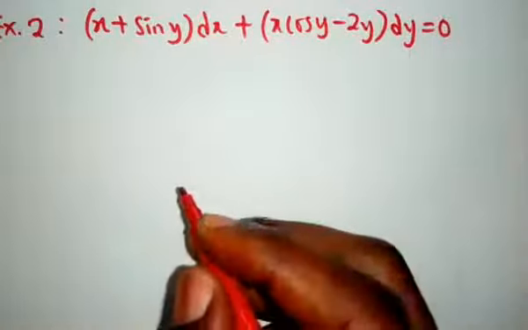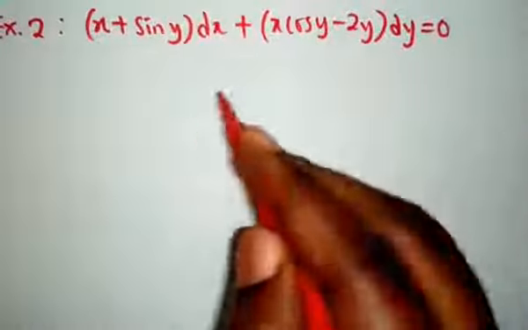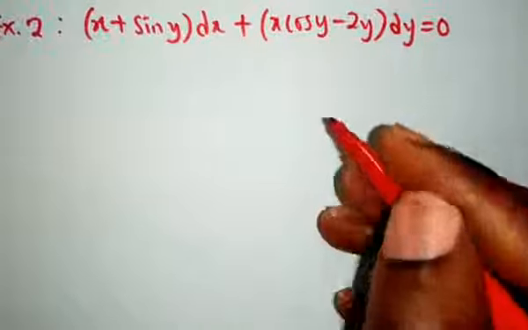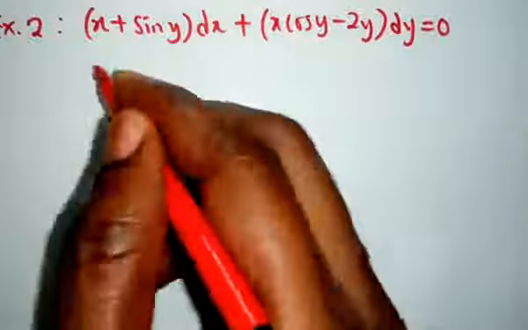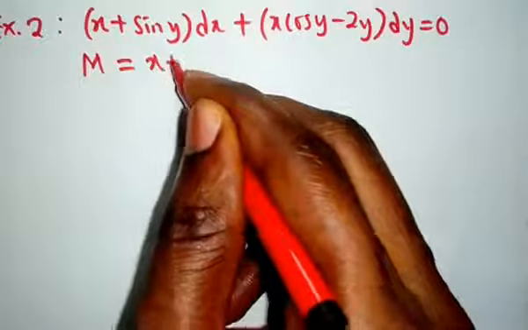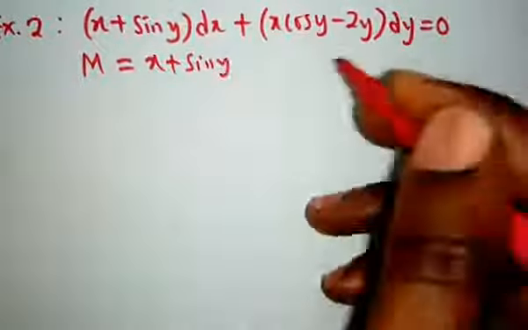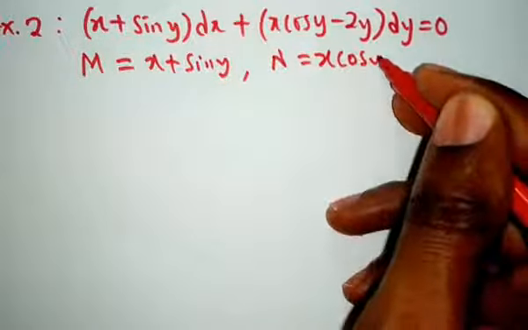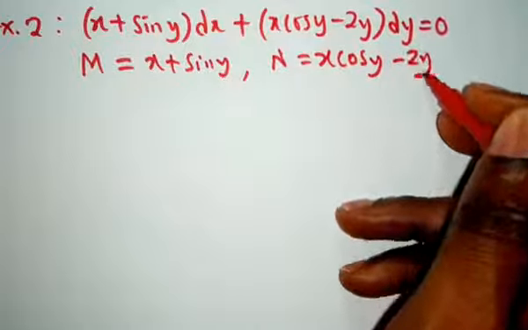And let's see another example. Determine whether this equation is exact and hence solve it. So let's see, for this, our M is x plus sine y, and then N of x comma y is x cos y minus 2y.